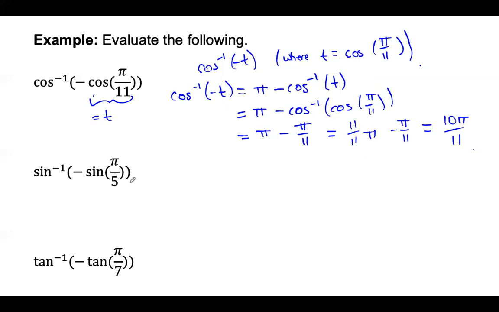For this question, we do the same trick. This part is equal to t. So it means sine inverse of negative t, where our t is equal to sine of pi divided by 5.